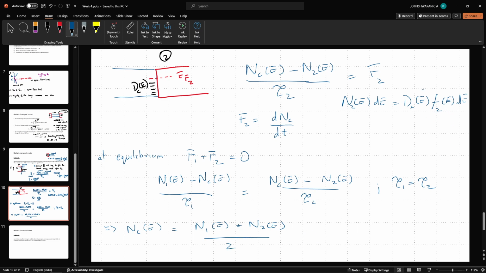Since we assumed that both are bulk contacts, we can assume both of them to be 3D, in which case D1 of E will be D2 of E. And from that, we will get the final expression N is equal to the integral of D of E into F1 of E plus F2 of E by 2 times dE. I'm not saying the source and drain are the same material, but they are of the same form, both 3D or both 2D contacts.